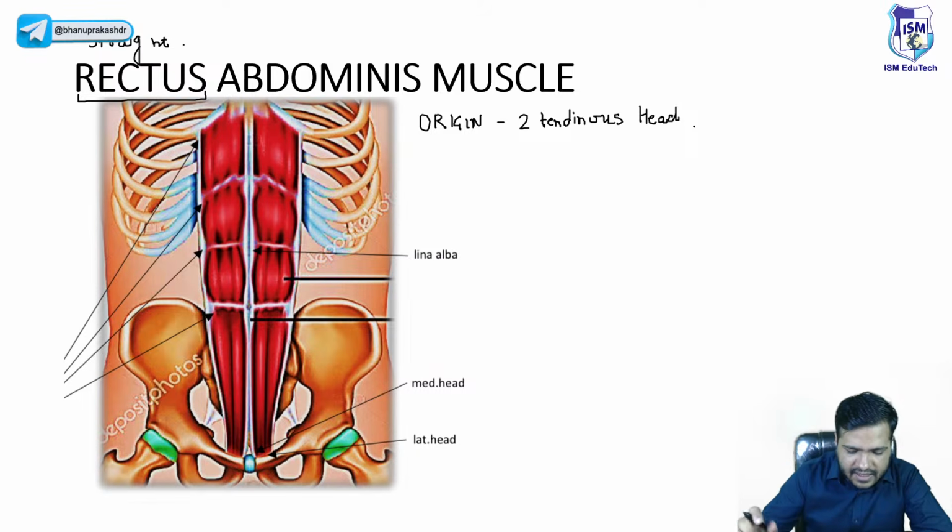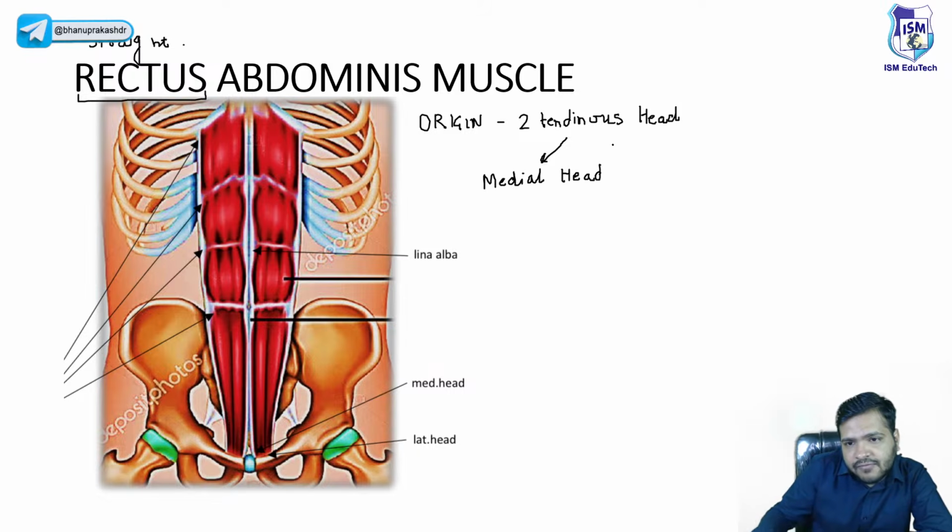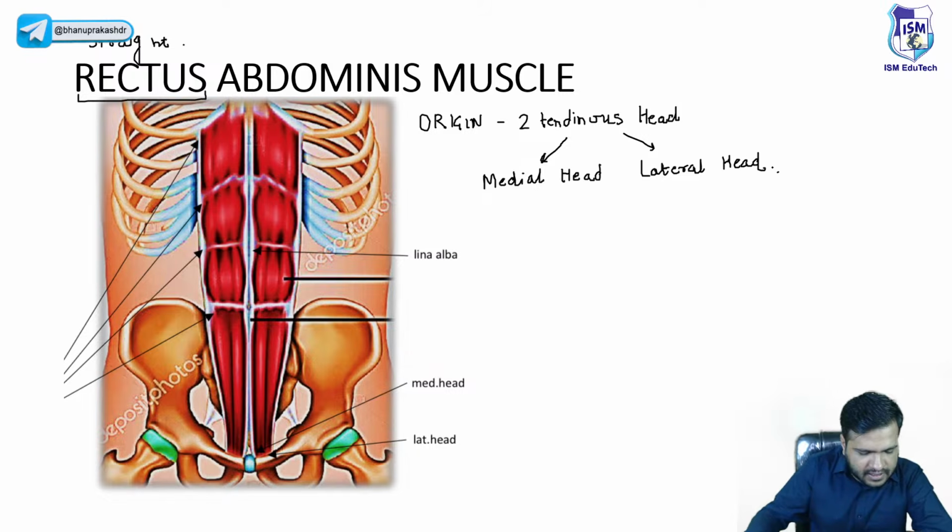Apart from that, guys, remember the two tendinous heads. Basically, we have the medial head and we have the lateral head. Yes, muscle to bone attachment. Very good. Hitler, yes, right. Anushka, right.